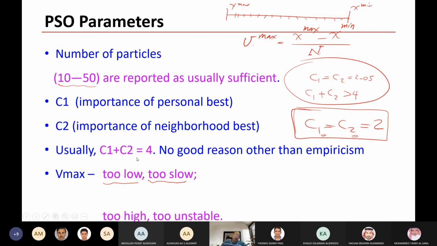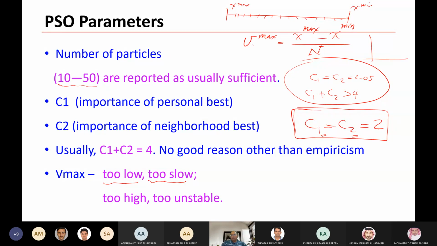But if it is too high, also will be too unstable. You are flying here and there, jumping from here to there, and this will create some big variation. And if you plot, for example, this is the objective function J, and this is the iteration.